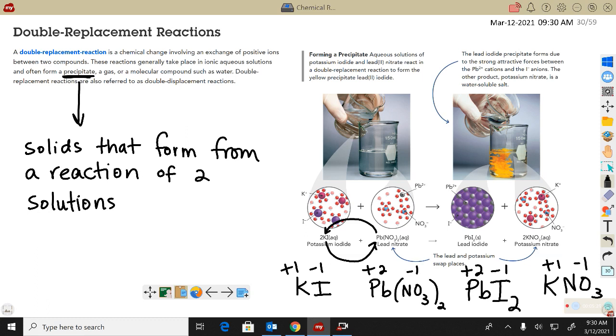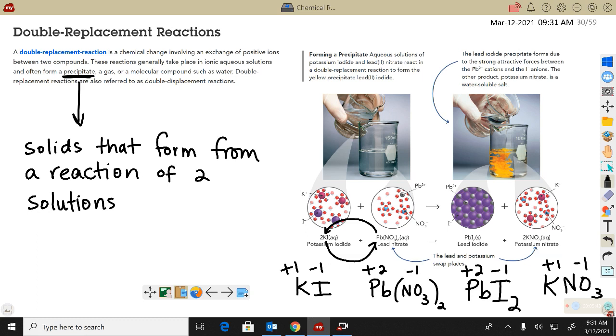But here's a good visual of this reaction too, that you've got these two colorless solutions and you mix them together and you get this cloudy yellow solid. That cloudy yellow solid is the lead iodide. It's just that sometimes you make a combination of ions that are really strongly attracted to each other.